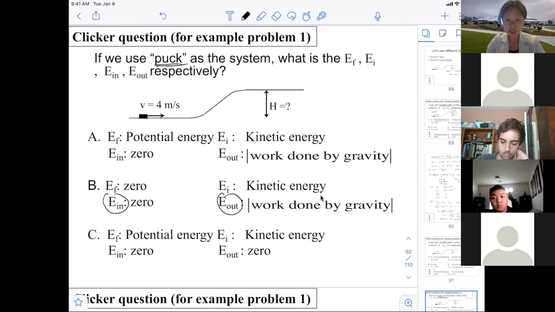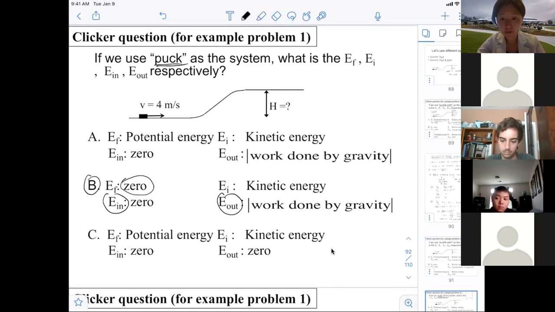Pretty good consensus on choice B, where we do now have work done by gravity, and we're glad to see that. And we cannot talk about potential energy anymore, right? Because now Earth is not part of the system, and that energy belongs to the object and Earth system. So we don't have Earth, and we have no potential energy. Very good. So B is the correct answer.